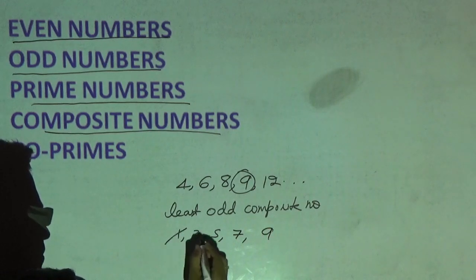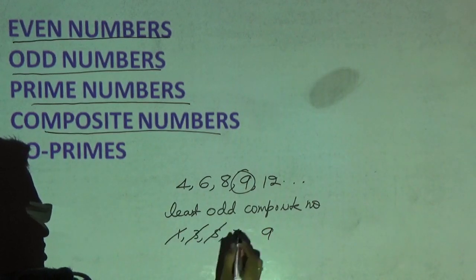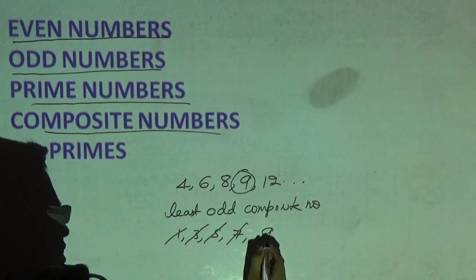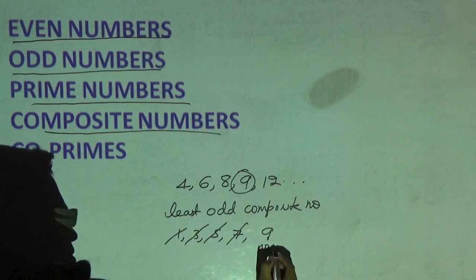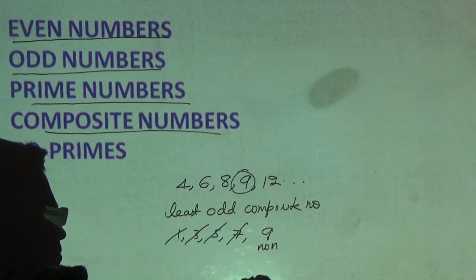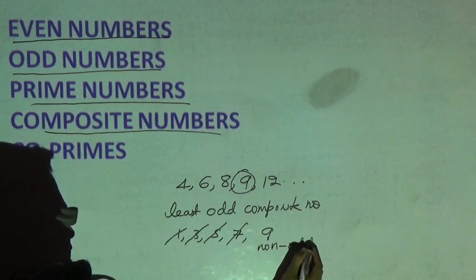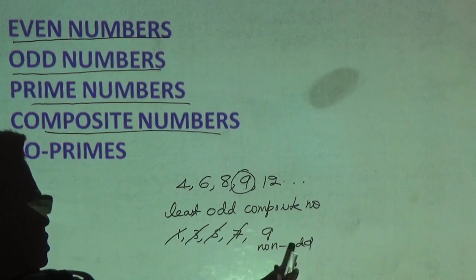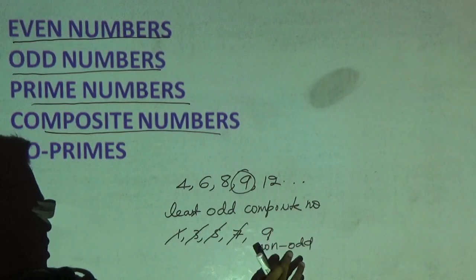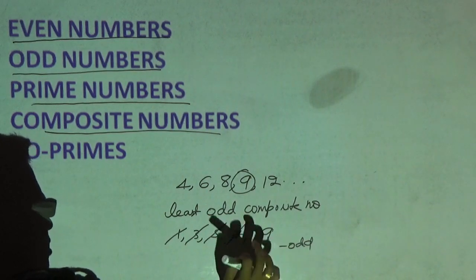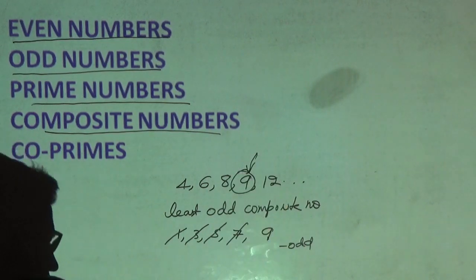But 3 is a prime number, 5 is a prime number, 7 is a prime number. But 9 is a non-prime number, and it is odd. So if they ask you which is the least odd composite number, the answer should be 9. Hope you have understood.